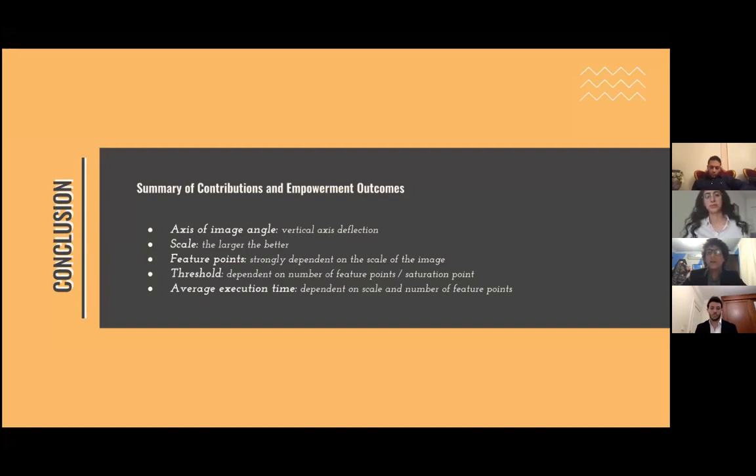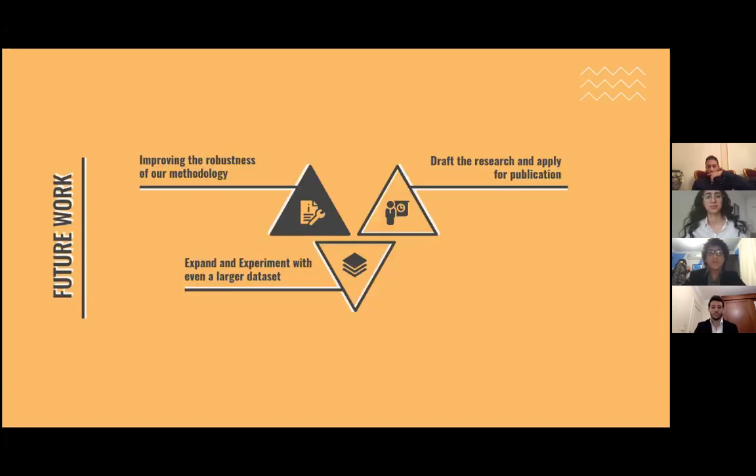Having a higher number of feature points would mean having more images into recognition, which means we will need a higher threshold, and it also depends on the saturation point on its graph. The average execution time depends on the scale of the image and the number of feature points chosen in the image. Now we'll move to our colleague Youssef to talk about future work.